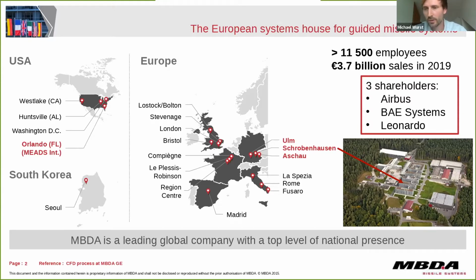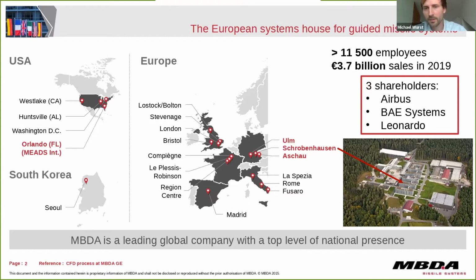Then how we are structured as MBDA in the development department: we have missile development departments in all countries, especially in France, in the UK, and in Germany. That is because we are a defense company, and sometimes we have projects which are national only.